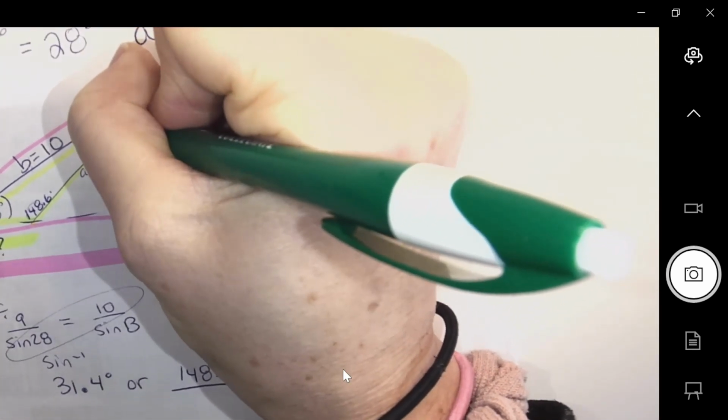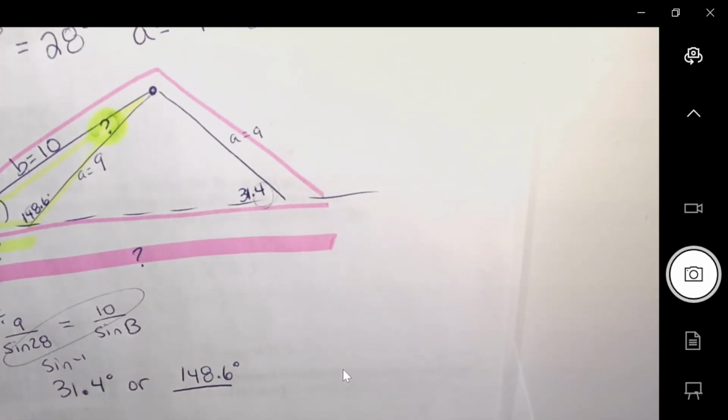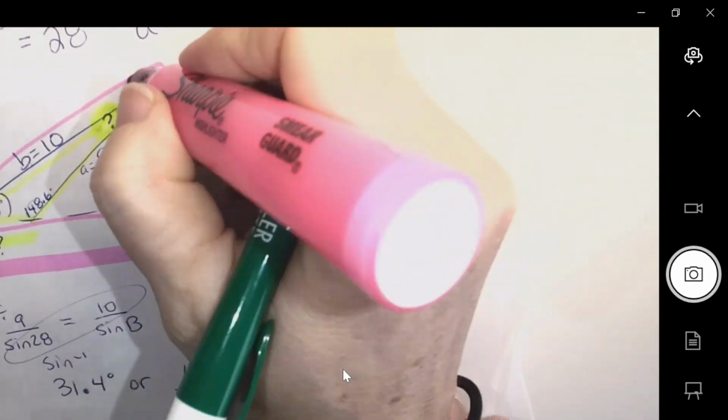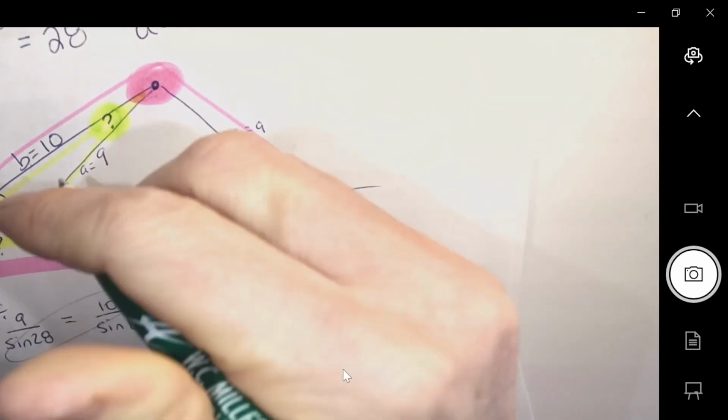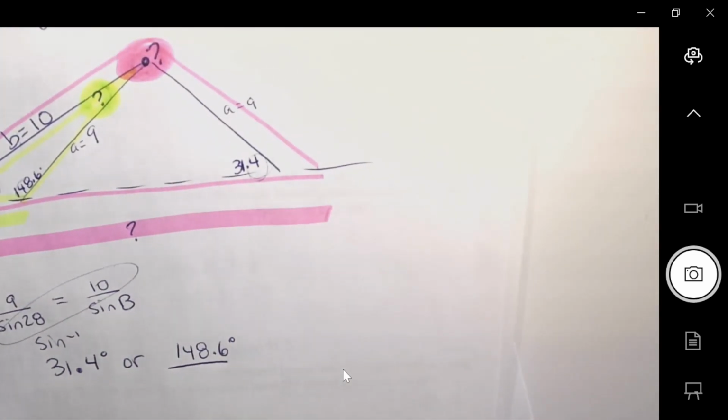Okay, so the next step would be finishing the angle in my yellow triangle, finishing the angle in my pink triangle.